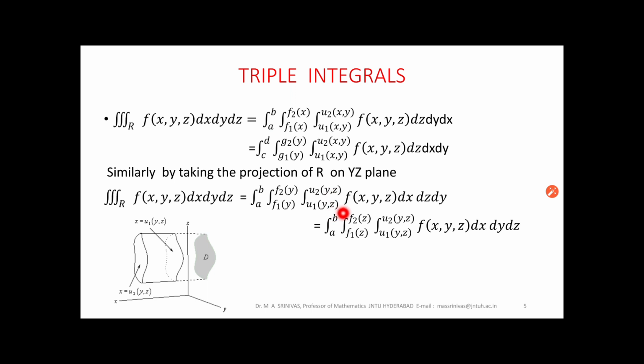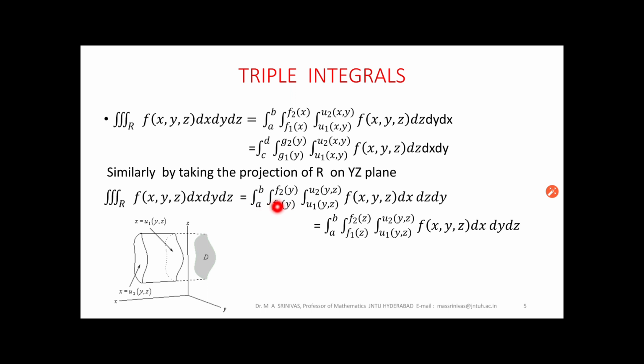In the second case, these two are functions of y and z, which means these are the limits for x. Functions of zx are the limits for y. Functions of xy are the limits for z.